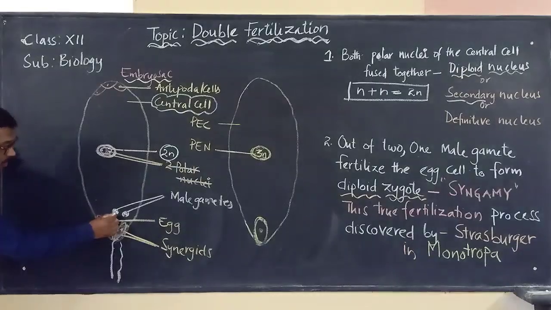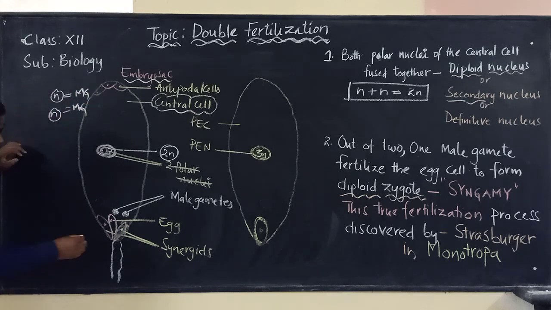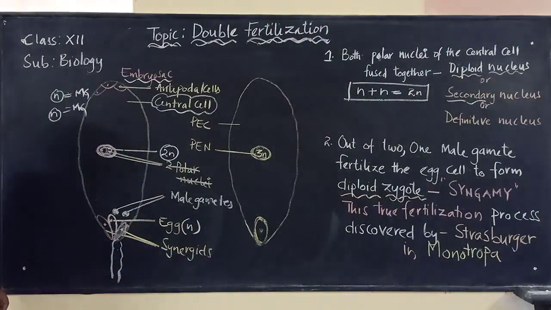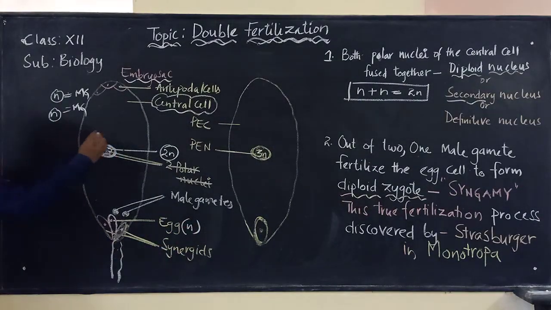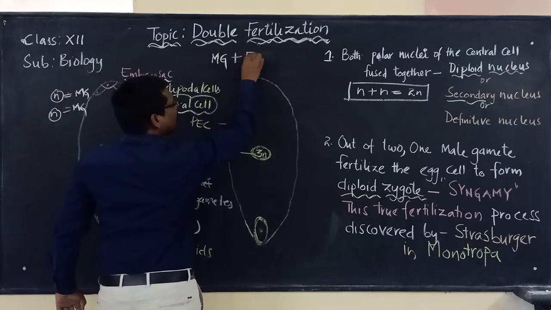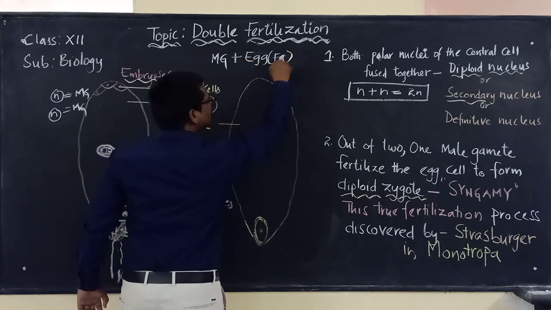A diploid zygote. Because both the male gametes are haploid only, and the egg is also haploid. Out of these two male gametes brought by the pollen tube, one male gamete fuses with the egg, that is the female gamete.